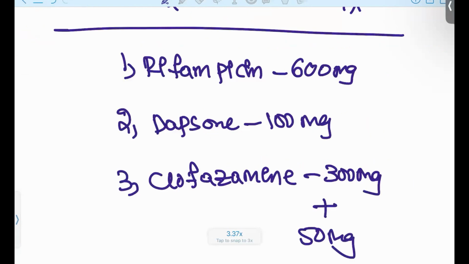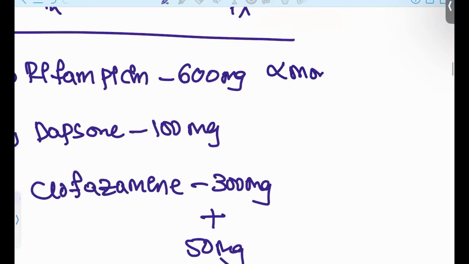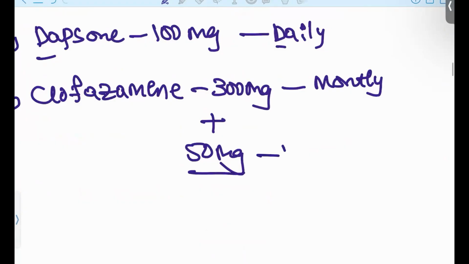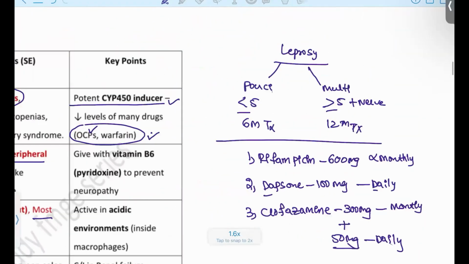Okay, rifampicin is given only monthly once. Dapsone is given daily. D for dapsone, D for daily. And clofazimine 300 mg is given monthly once, but the 50 mg is given daily. Okay, this is the treatment for the leprosy patients.